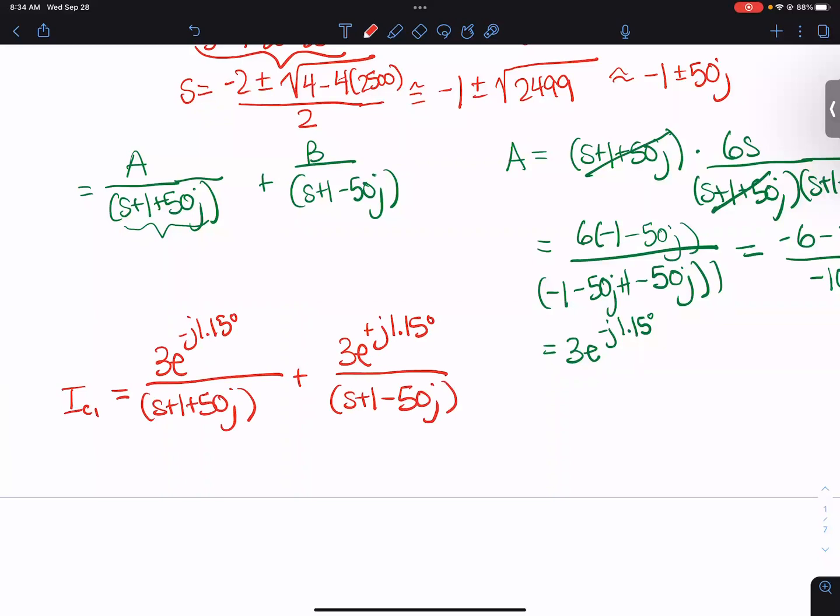So the nice thing about the complex is once you find one, it's going to be just the conjugate of the other. And remember, the conjugate just means that instead of a minus, you'll put a plus where the j is for this one.